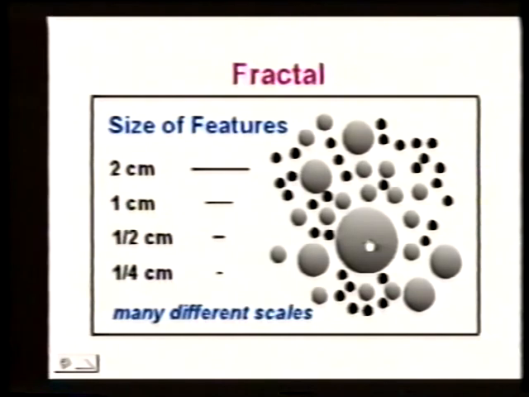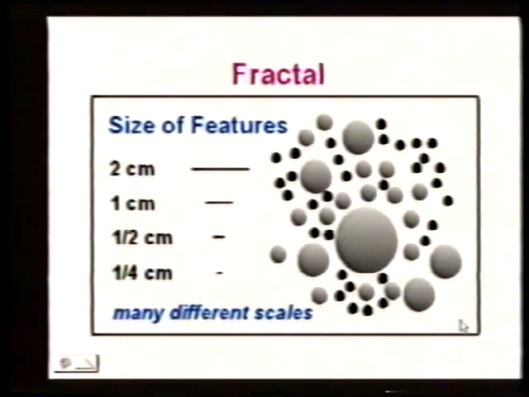So this would mean that maybe we do the experiment sometimes and see a big value come out of the experiment. Most of the time we see middle-sized values come out of the experiment, and most often we see really small values coming out of the experiment. So now we have not one single characteristic scale, but we have features that vary over many ranges of sizes. And in this case, these are some of the sizes of the features that are present in this object.